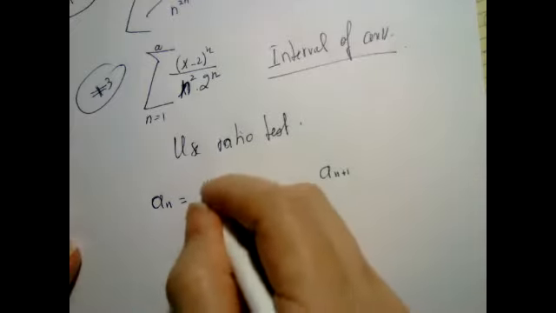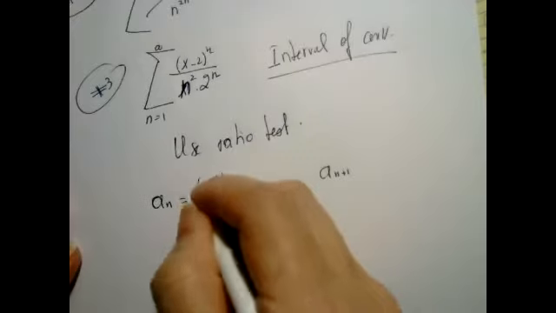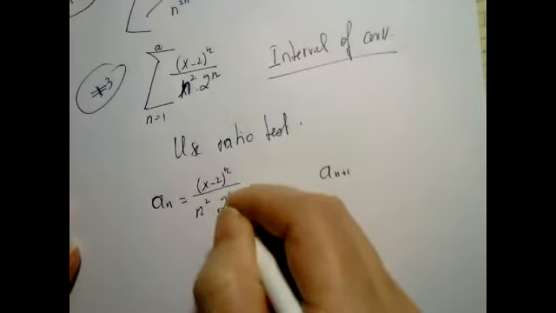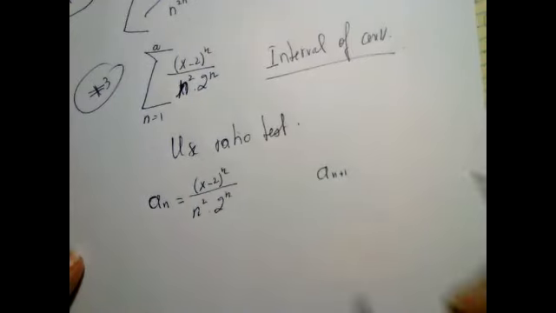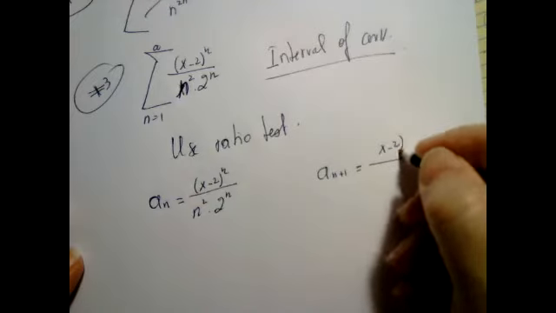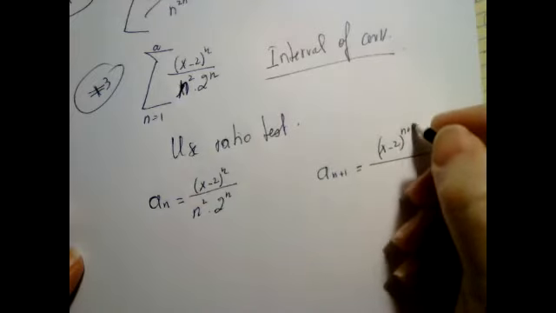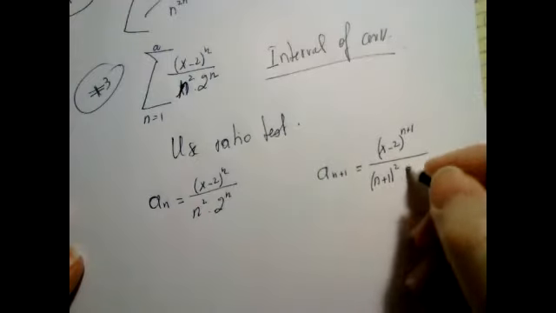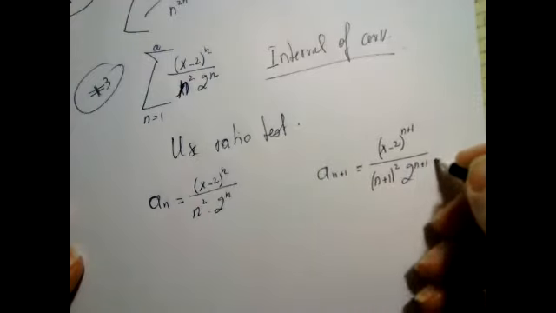So a_n is (x minus 2) to the n over n squared 2 to the n. a_(n+1) is (x minus 2) to the n plus 1 over (n plus 1) squared 2 to the n plus 1.